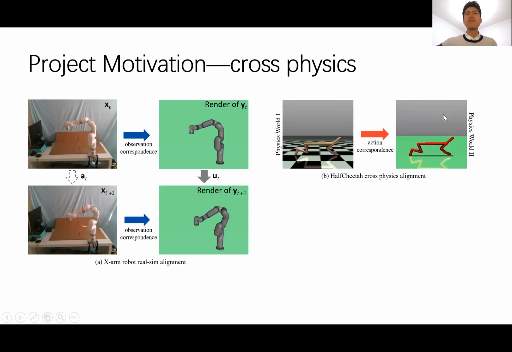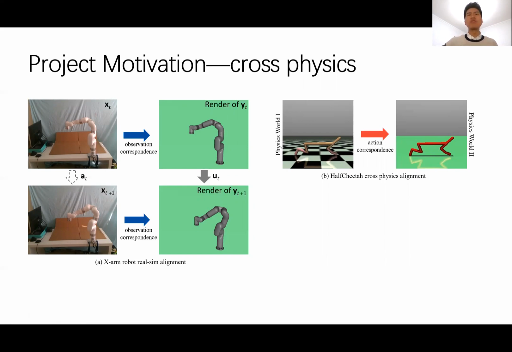And in the second setting, imagine we have a half cheetah agent, and then we get a policy via imitation learning or reinforcement learning to let this half cheetah agent run forward. And then we transfer this policy from one domain to another domain in which some physical parameters are different, such as mass or friction. And then the policy performance will drop.